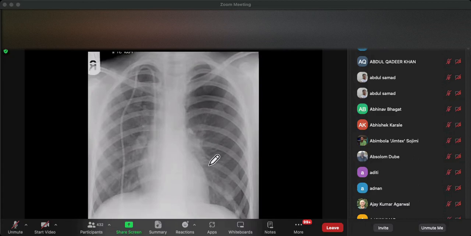Okay, this patient is a 10-year-old boy and he presents with a pneumothorax. Yeah, osteosarcoma.